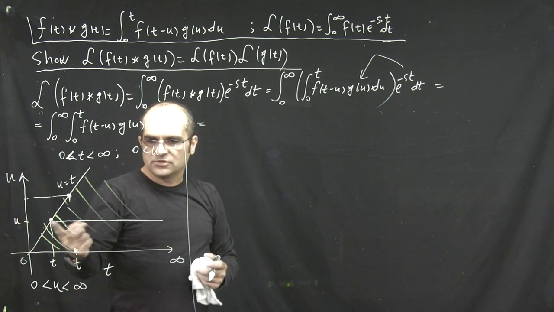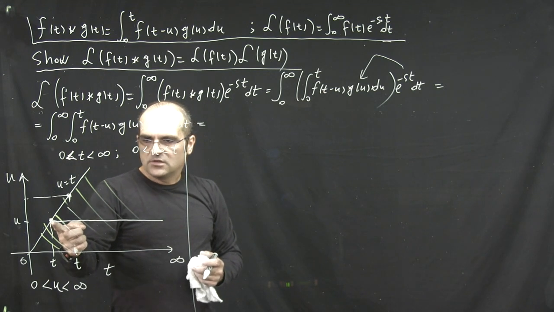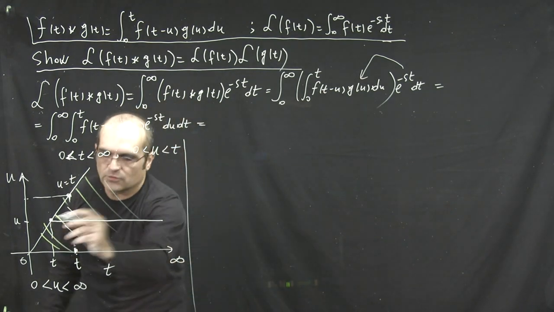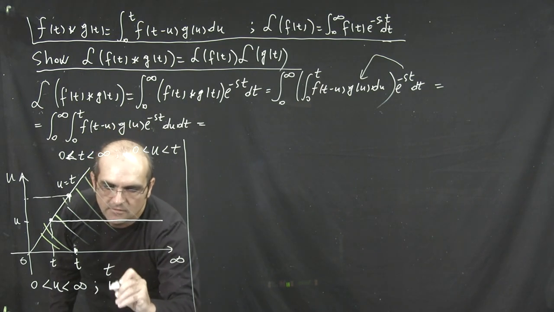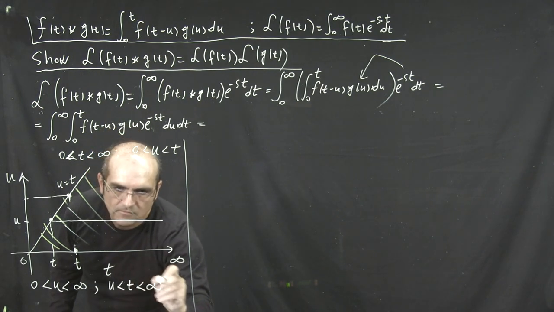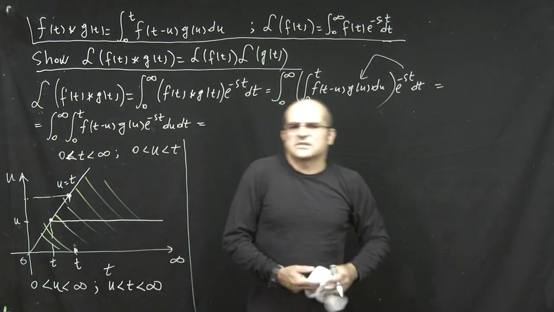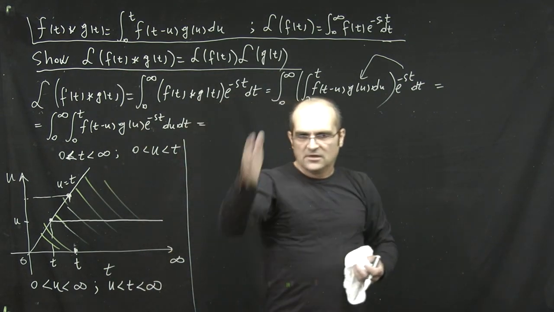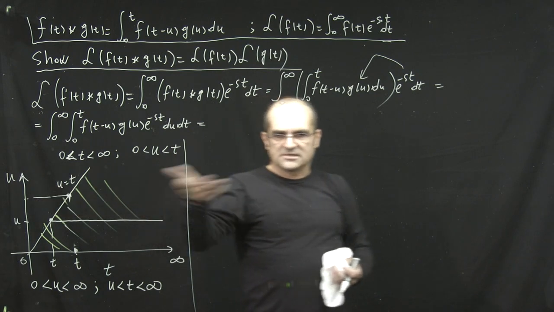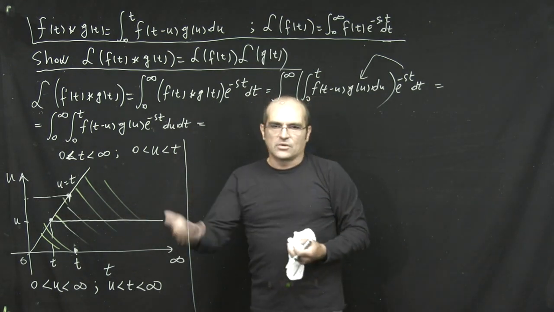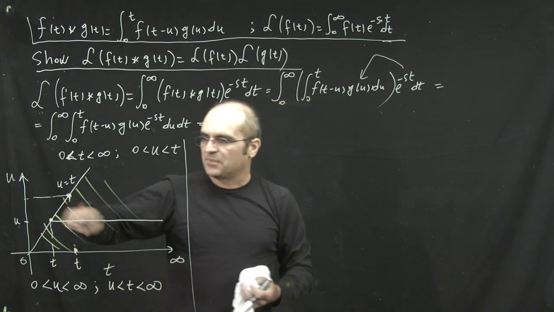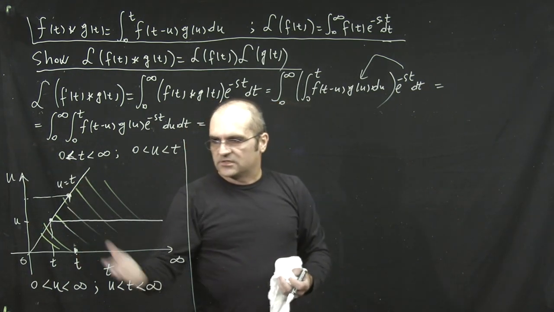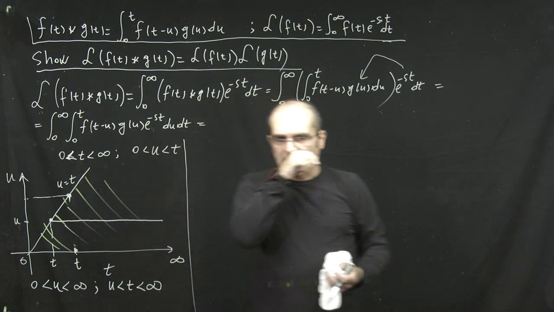Now t, to describe the domain, goes from u to infinity. In other words, you describe the domain either by vertical slices or by horizontal slices. In this case, we describe the domain by horizontal slices. We pick a typical slice, defined by u between 0 and infinity, and then t goes from u to infinity.